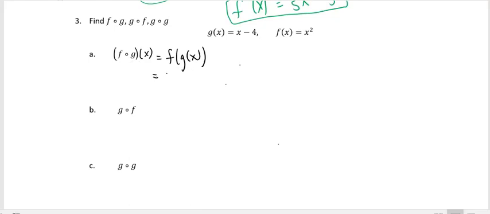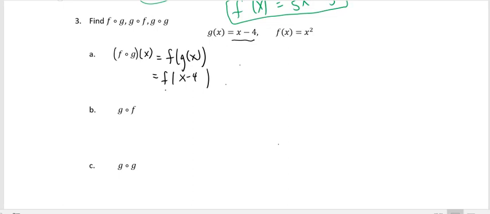So we have f. G of x is x minus 4. So I'm going to replace my g of x with x minus 4. And then the x minus 4 is going to be substituted into x in the function f. Okay.